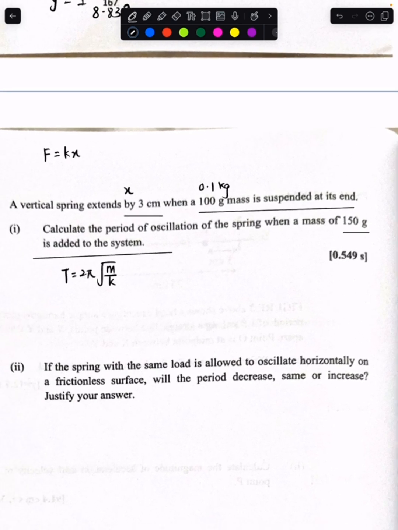The spring, so it's like a spring, then there's a mass here, 100 gram, so we change it to kg first as a unit, 0.1 kg. And it extends 3 cm.